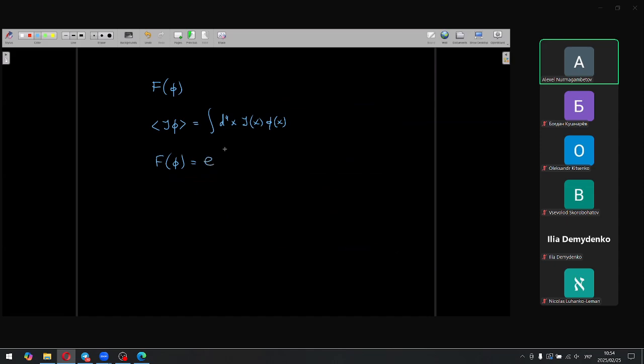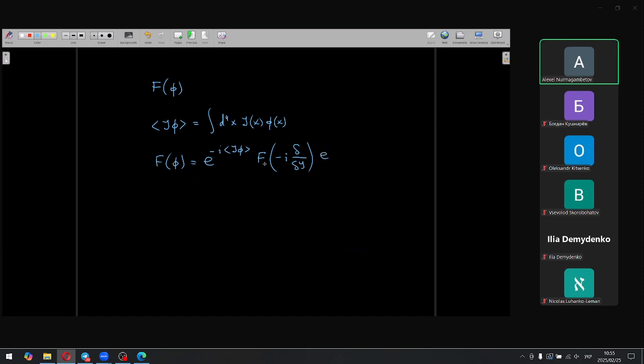If we set here exponent of minus I J phi, then we will form the corresponding to the form of this functional F depending on operators instead of the fields.